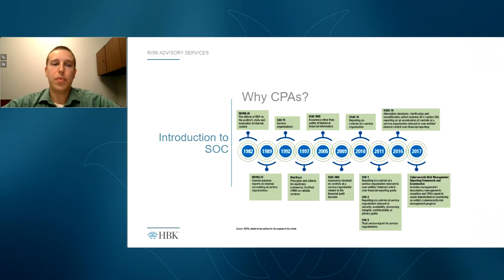Okay. So just some background on SOC reporting. As you can see from this timeline, it started in the early 80s and it's developed into what it is today. But you may be wondering how the CPA firm is involved within this process. So whenever you think of a CPA, you typically think of someone specializing in tax returns or financial statements.